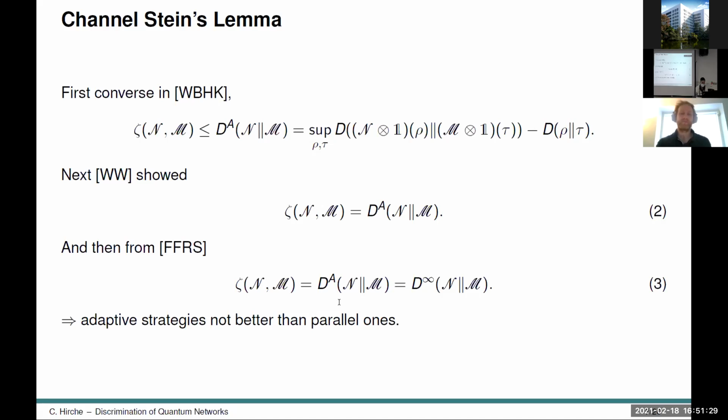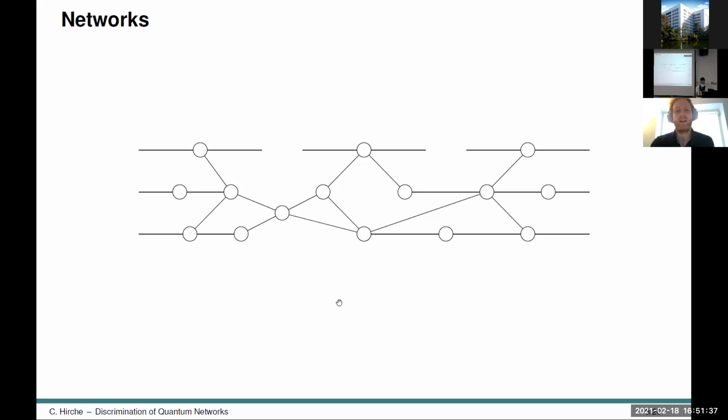So now we should have all the materials that we need to look at the networks. And how do networks actually distinguish themselves from just being quantum channels? So we want to look at a priori very complicated structures, but of course, here's a very schematic depiction of a quantum network.